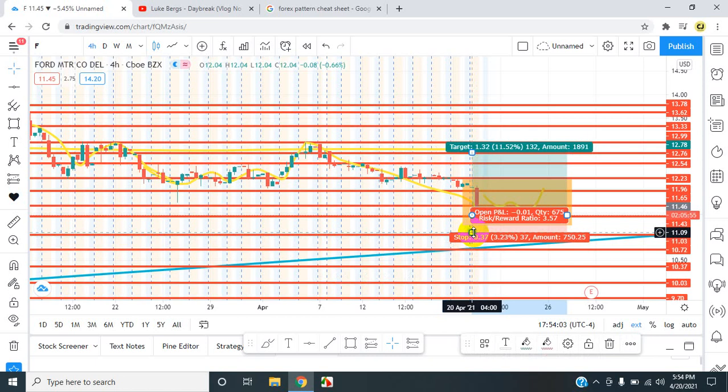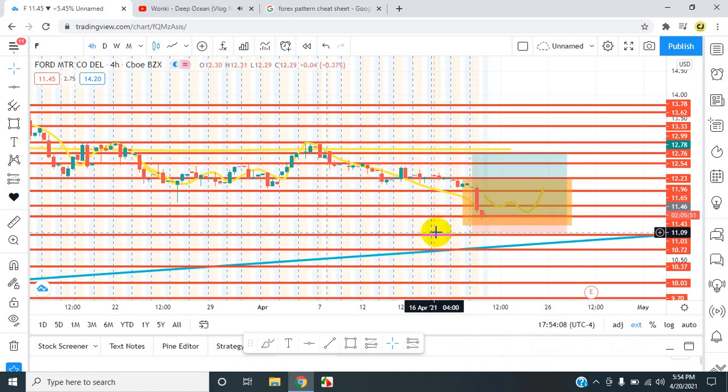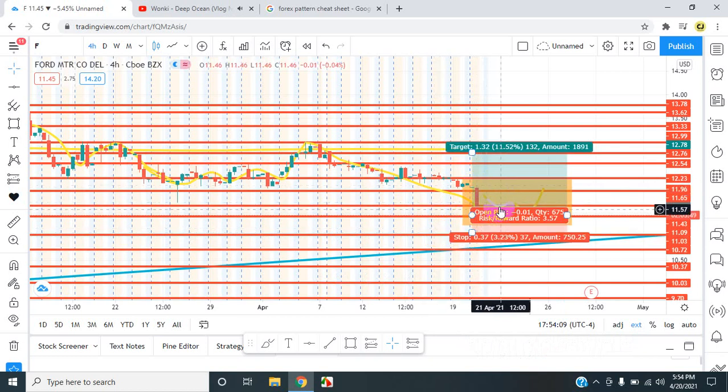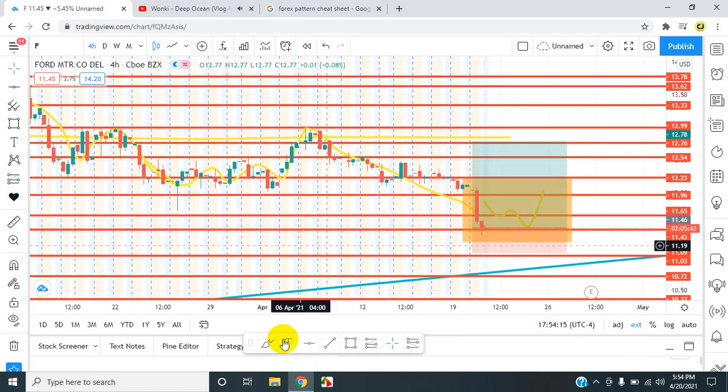So let's say 132 pips on the way up and 37 on the way down for the stop loss. This is an amazing trade, everyone. If we do find that reversal, if we do wait in this area here and figure out the pattern, the market's going to identify itself with a trade, which would be an amazing one.